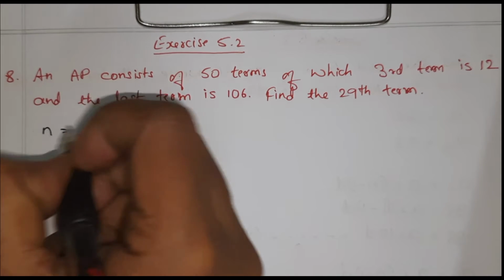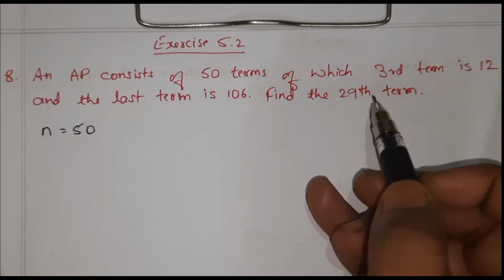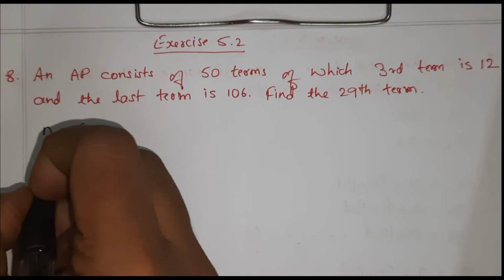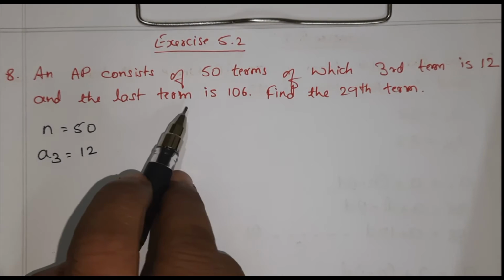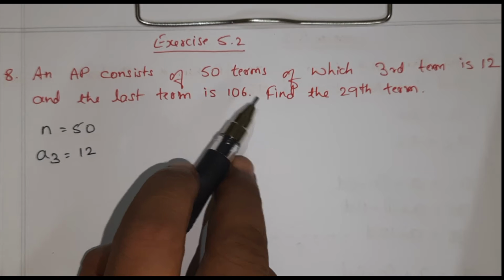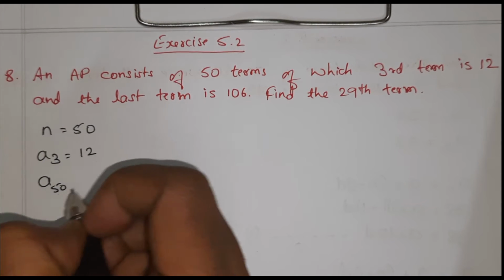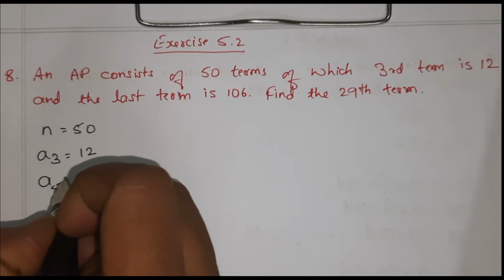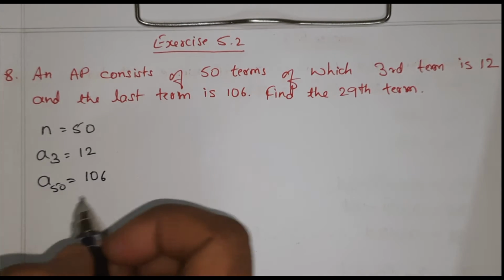The number of terms in the AP is 50, in which the third term is 12, that is A3 is 12, and the last term is 106. When we have 50 terms in the AP, the last term will be the 50th term, which is 106.